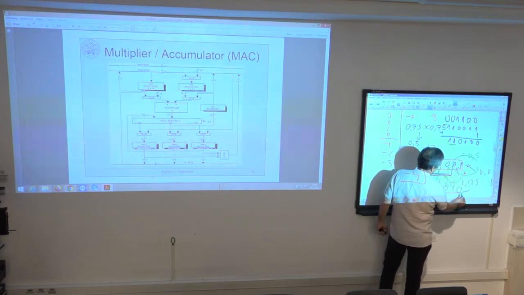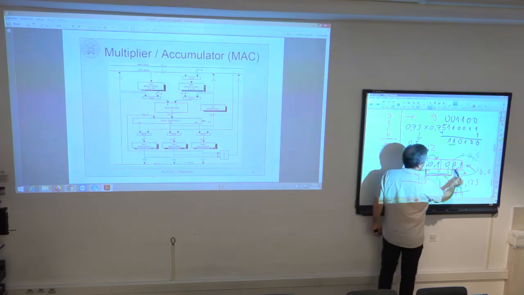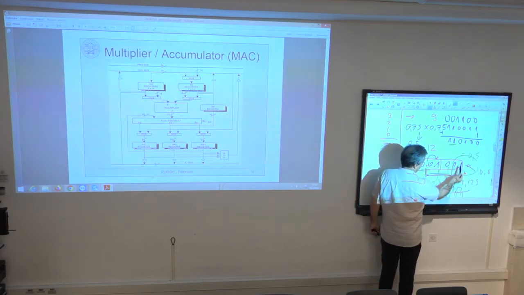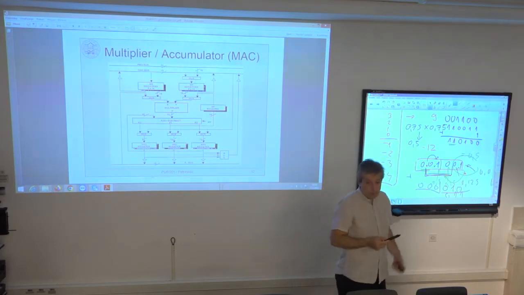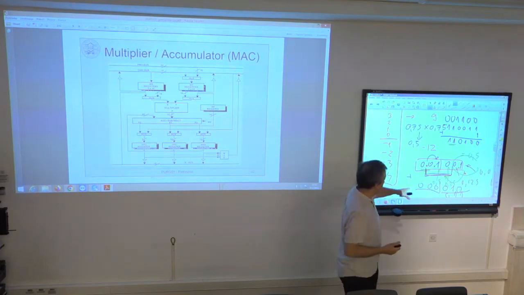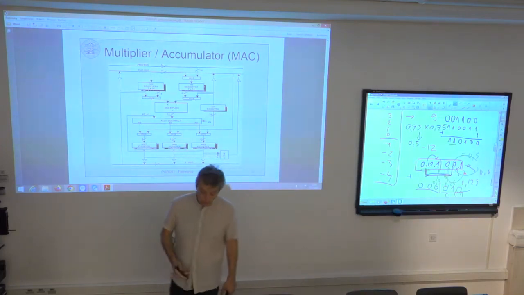I get 1 here, 1 here, and 0 here. I don't have carry, because this remainder is less than 1/2. But if, for example, this bit is set to 1, I get 1 plus 1 is 0, carry 1. Then I increment the upper word by 1. So by simply adding 1/2, I do the rounding. I add this value to the result, and then discard the lower word.